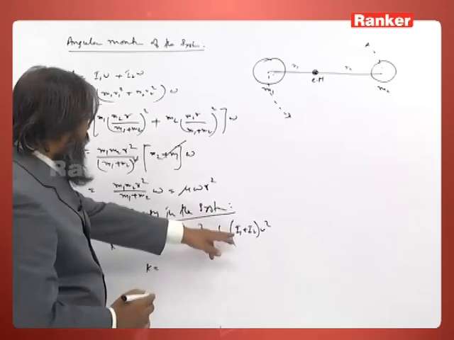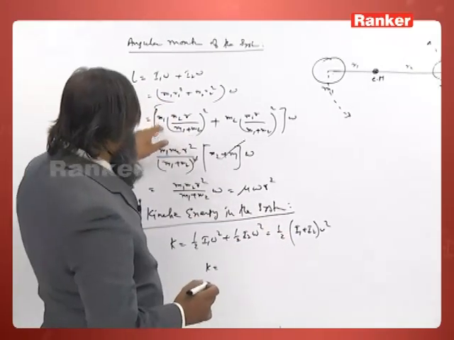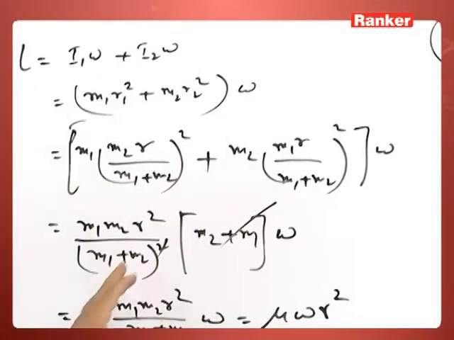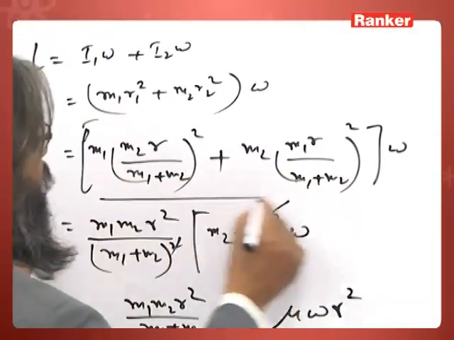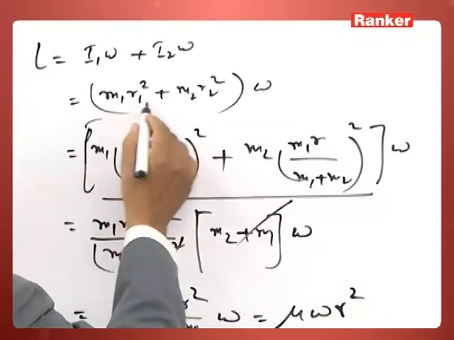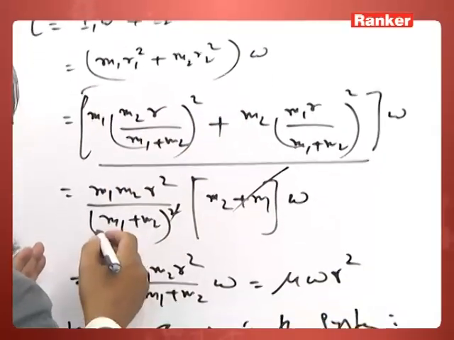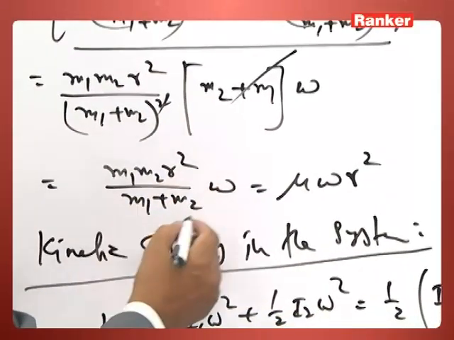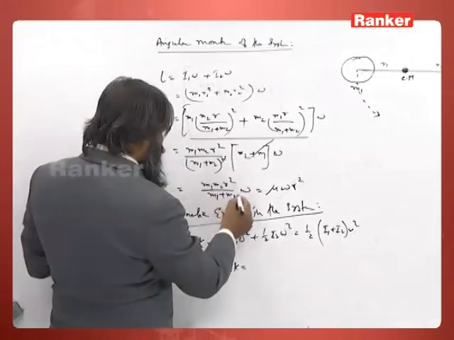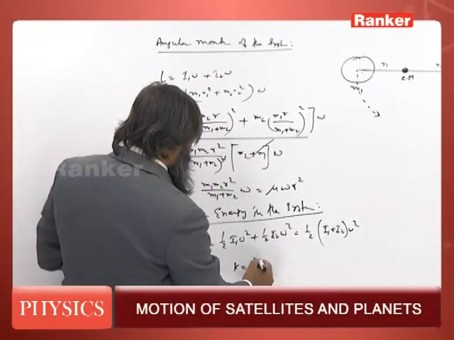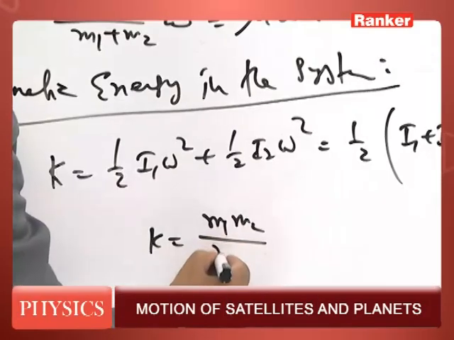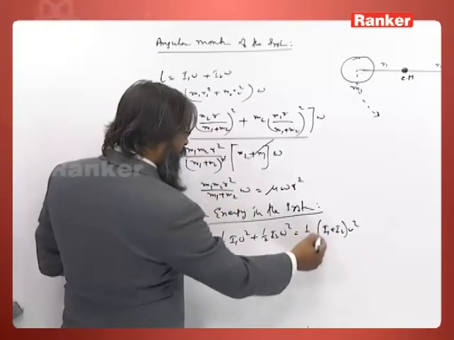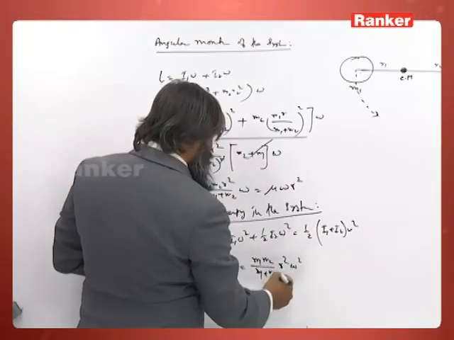I1 is m1 r1 square, and I1 plus I2 we have already calculated. So finally we got I1 plus I2 as m1 m2 by m1 plus m2 times r square, multiplied by omega square.